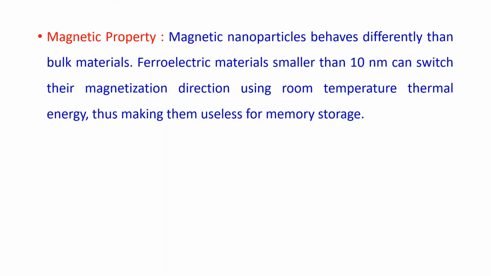You know about the Bloch walls, and if the domains are aligned in a particular direction, they will show the magnetic properties. So if the thermal energy of room temperature is shifting the direction of these domains, they will not be oriented in a single direction, and you can't use them for memory storage.